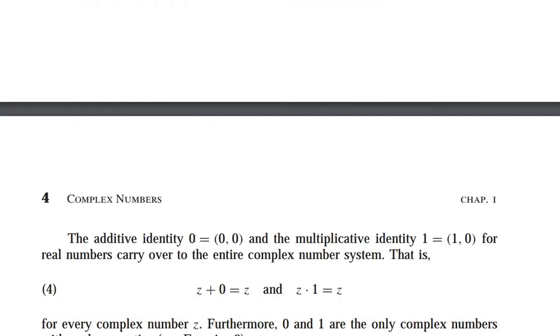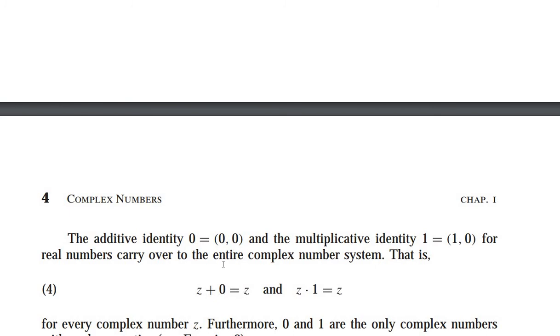Now this one is 0. This one is the real, and in ordered pair form, this is in the complex plane, and when we add 0 to a complex number, we get z.